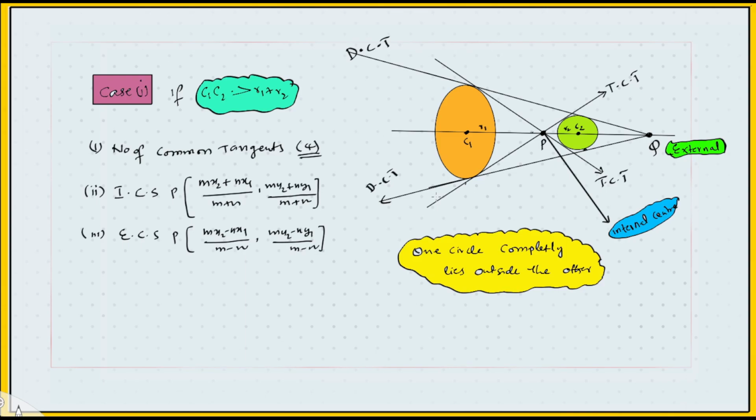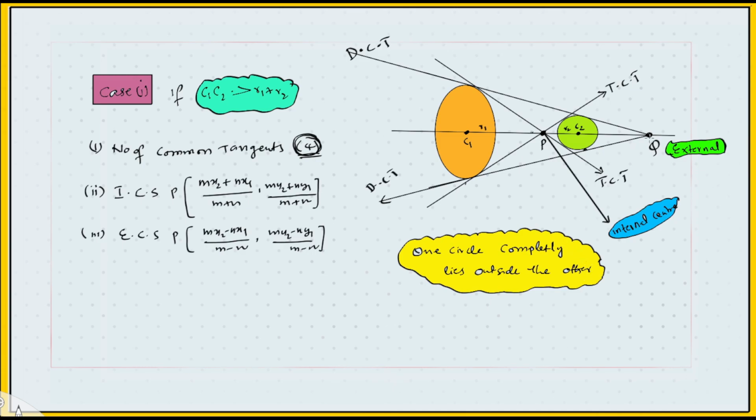Then we can draw 4 common tangents. Number of common tangents is also one of the important topics in your Eamcet exam. When two circles are given, find the number of common tangents. If C1C2 is greater than R1 plus R2, how many tangents exist? 4 common tangents exist: 2 transverse common tangents and 2 direct common tangents.